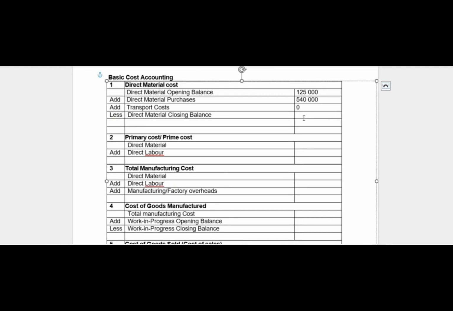All right, so we come here and less anything we less. In accounting, normally we put it in brackets, so I can put brackets there and say 115,000. Now, how much is our direct material cost?